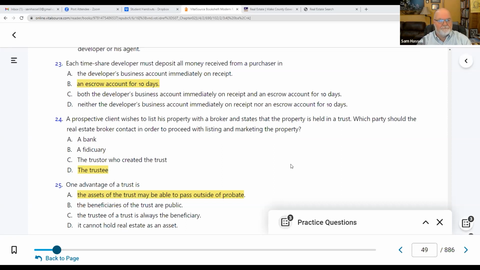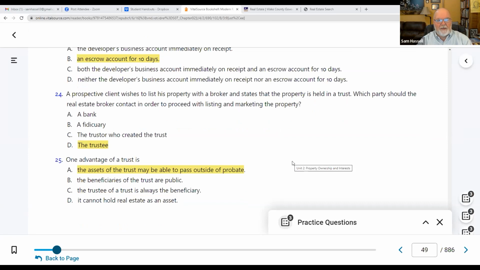Number 24. A prospective client wishes to list his property with a broker and states that the property is held in a trust. Which party should the real estate broker contact in order to proceed with listing and marketing the property? Okay. Keep this in mind, and I know that this becomes a question. I've seen this in virtually every exam that's out there, okay? You do not negotiate with the beneficiary.